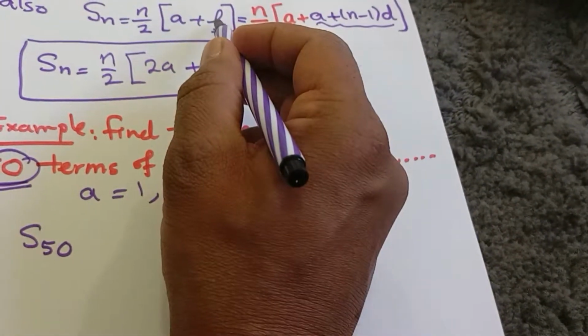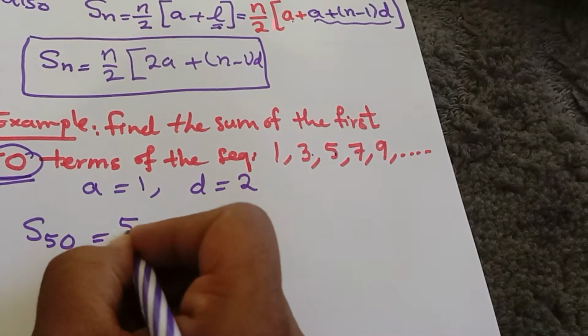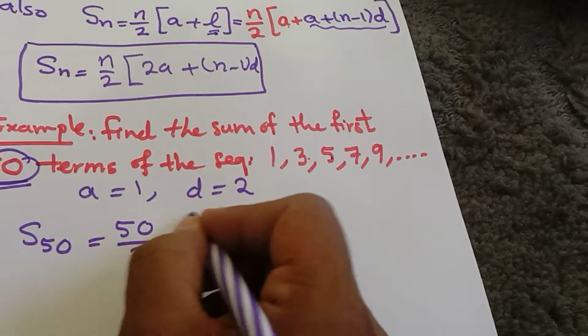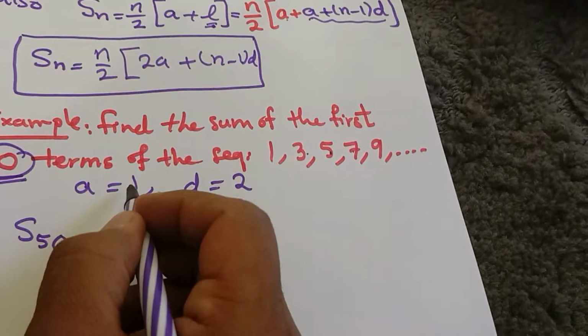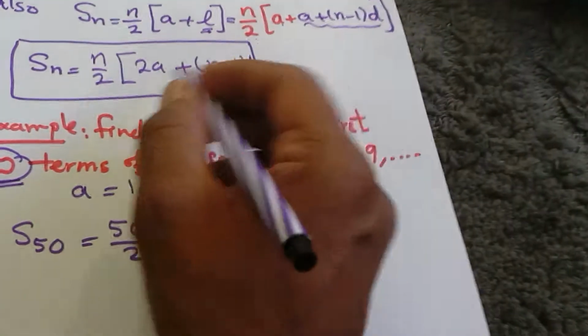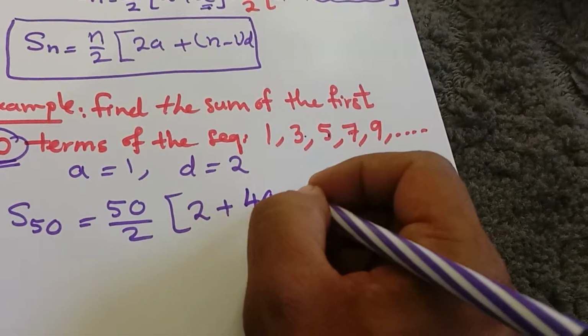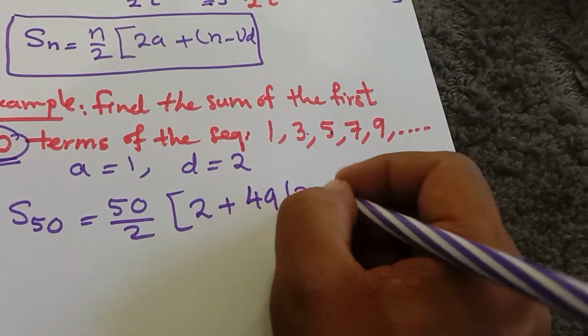Now I don't have the last term, so I prefer to use this formula. So that's 50 over 2, times 2 times A, which is 2 times 1, which is 2, and n minus 1, which is 50 minus 1, which is 49, times D, which is 2.